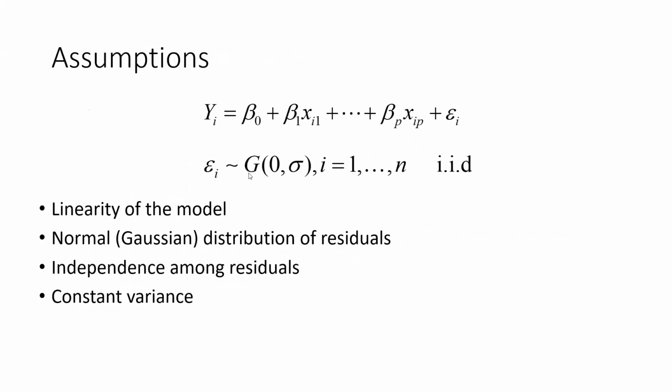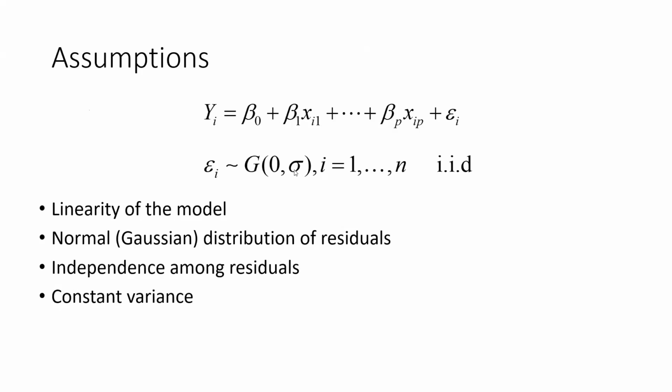So I have a G here for Gaussian distributed with standard deviation sigma. Now, the standard deviation here, sigma, is a constant. It does not depend on x. I don't say sigma as a function of x. I just say sigma. And that's another assumption, that we have constant variance.